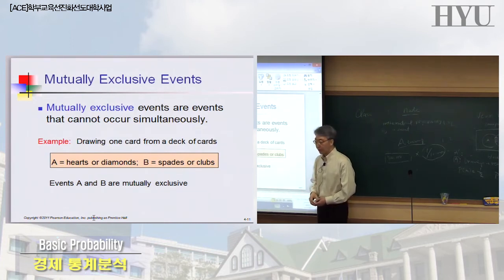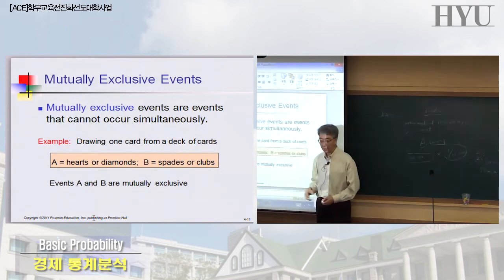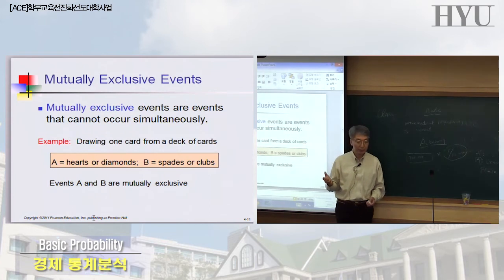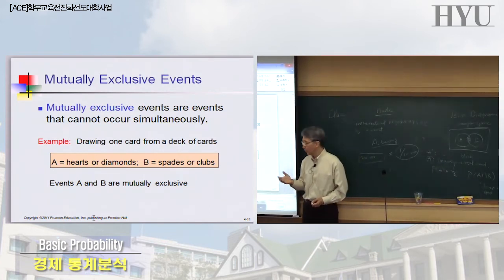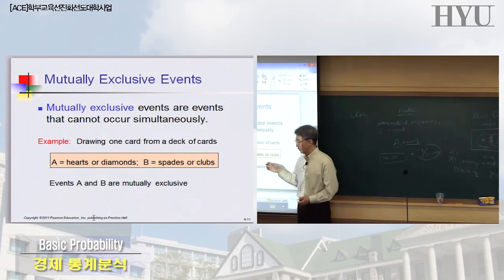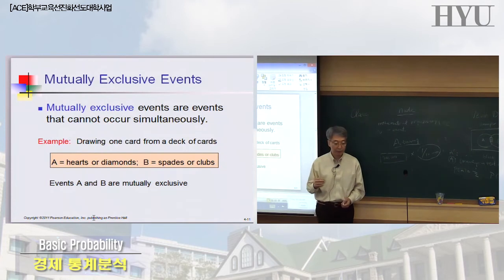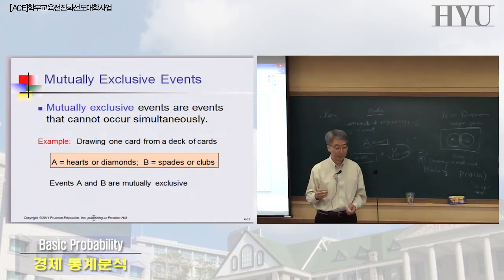So if you pick a card and one of these two events occurred, it happened to be black, then obviously you cannot have another event at the same time. It's either black or red. You cannot have an event like red and black. Make sure you understand that.